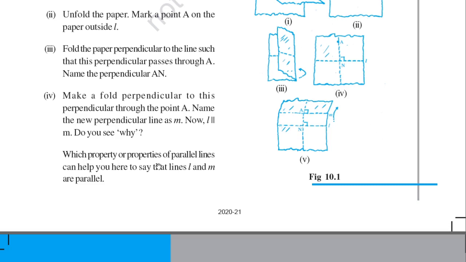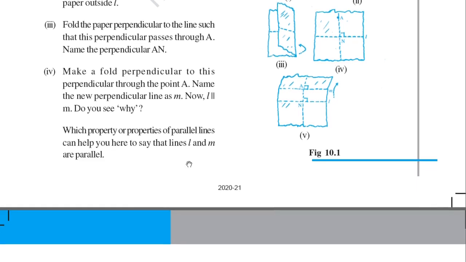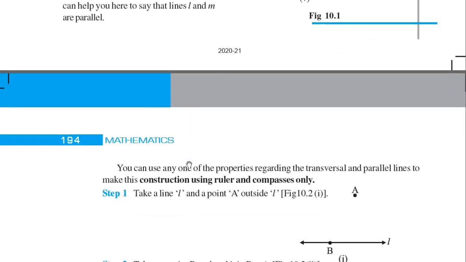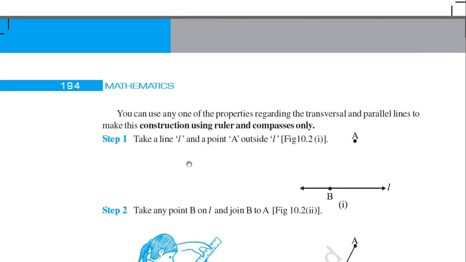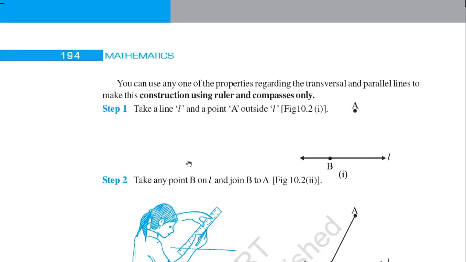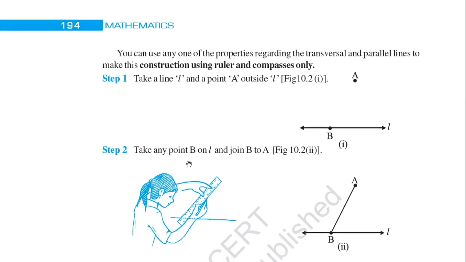Which property or properties of parallel lines can help you here to say that lines L and M are parallel? You can use any one of the properties regarding the transversal and parallel lines to make the construction using ruler and compass only.